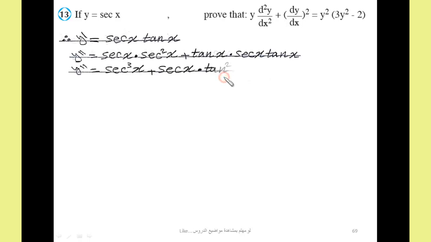And we complete. Sec x multiply sec squared x equals sec power 3x. Tan x multiply tan x, it will be tan squared x. So y double dash equals sec power 3x plus sec x tan squared x.